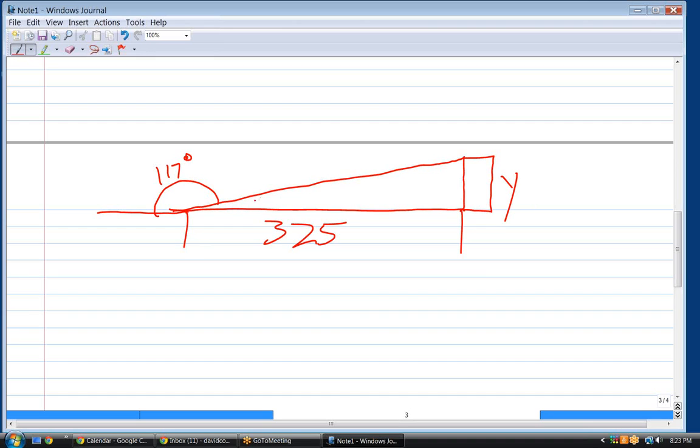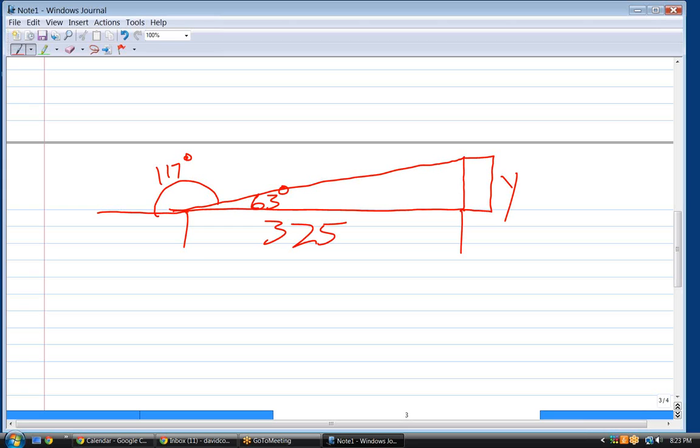So it'll be 180 minus 117? 63. There's one thing that trig and geometry is a worthwhile skill to have. It's subtracting numbers from 180. Almost all of geometry involves you constantly having to subtract numbers from 180. So it's a pretty good skill to get, so you don't have to use a calculator.